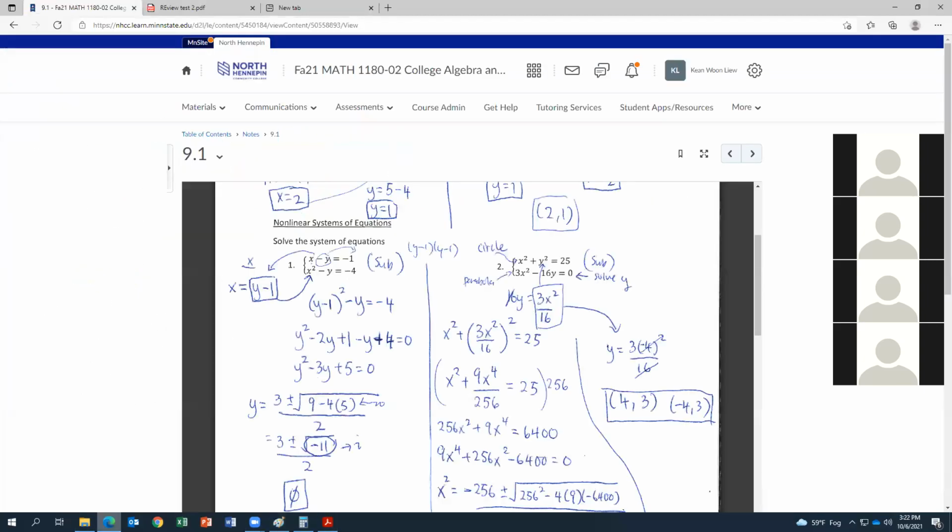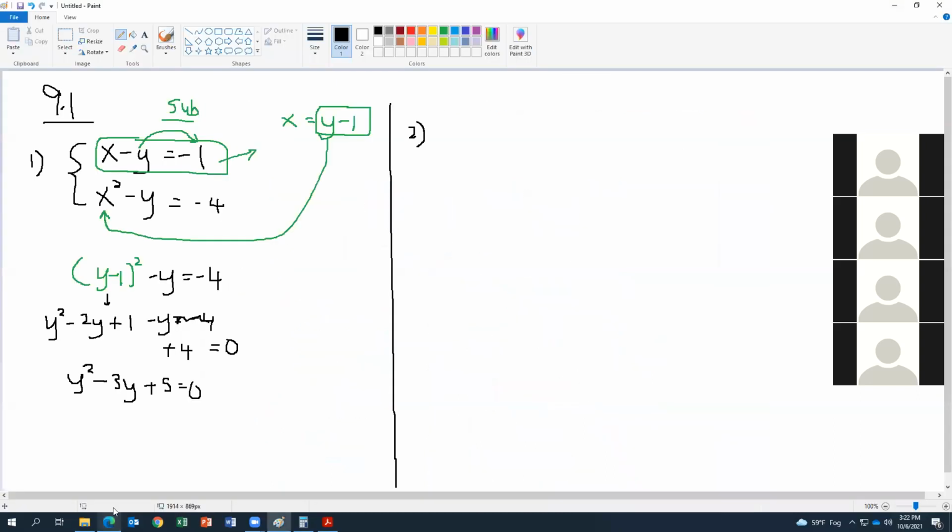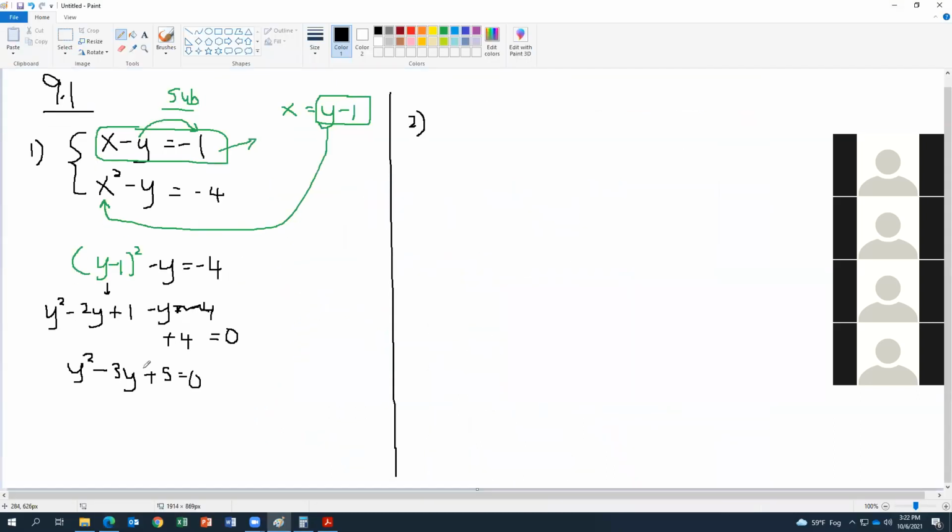Sorry, I need to check if I wrote this question correctly. Usually it is factorable. Oh, sorry, this question is correct. Unfortunately, this is not factorable, so we have to use the quadratic formula. Do you guys remember the quadratic formula?